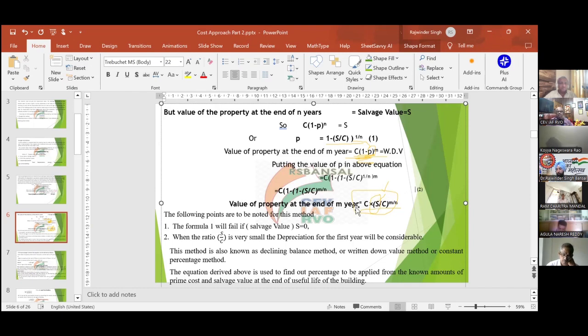If S becomes 0, value will become 0. So this formula has a limitation. In case the salvage value is 0, you cannot use this formula. You can use this formula only when there is some salvage value.